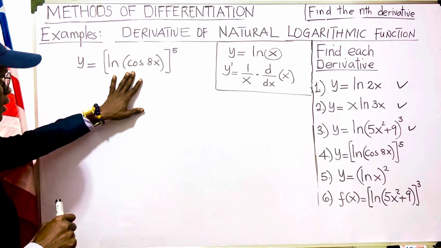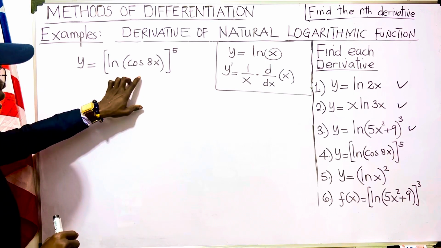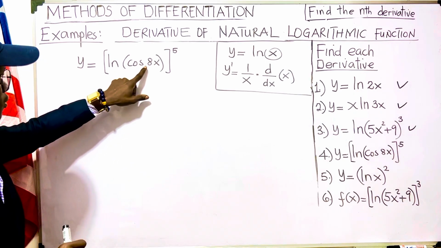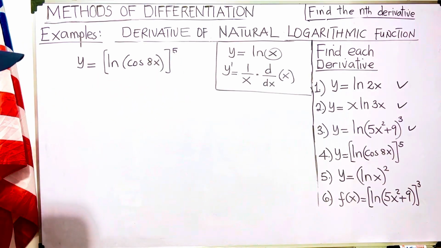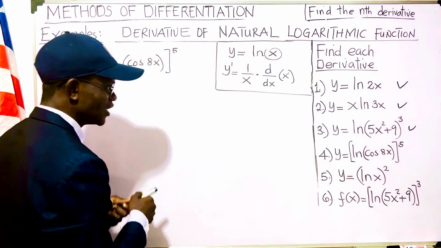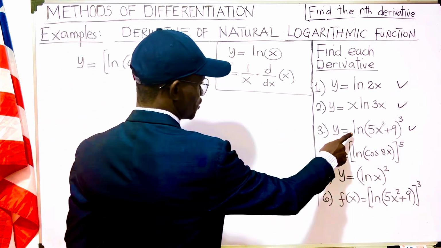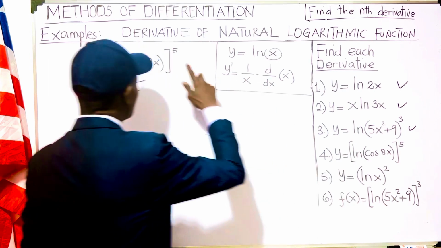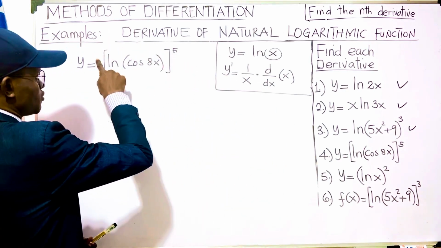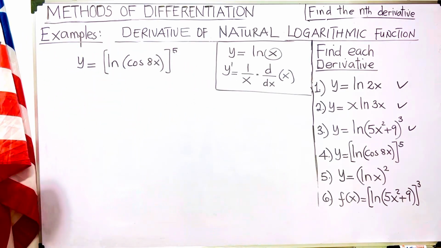This is not like only cos of 8x must be multiplied 5 times. And remember, in question number 3 we brought this 3 down. You cannot do it here to drop this 5. No, you don't do that.